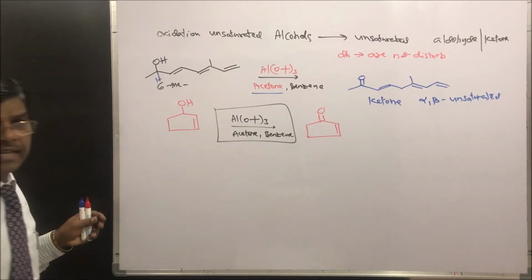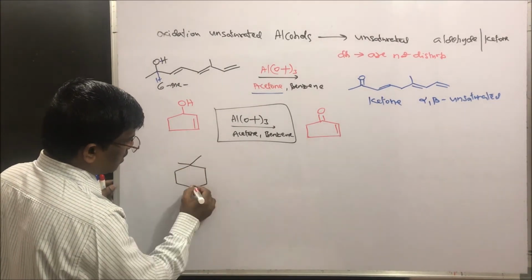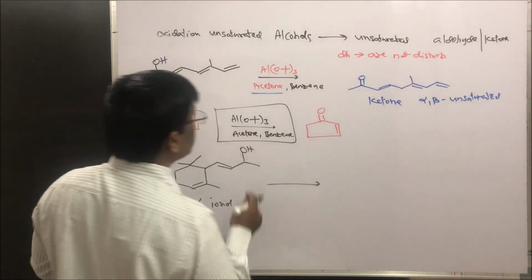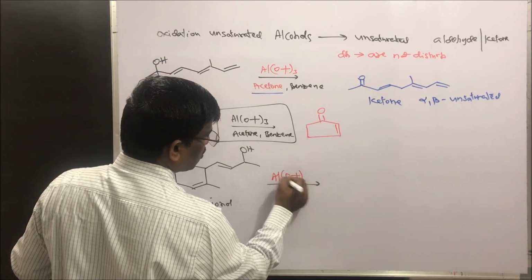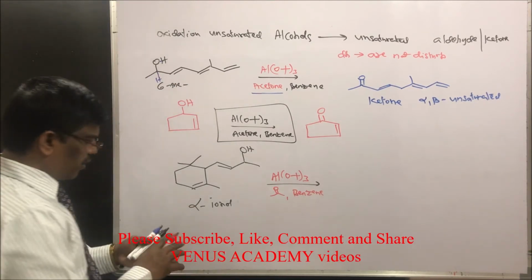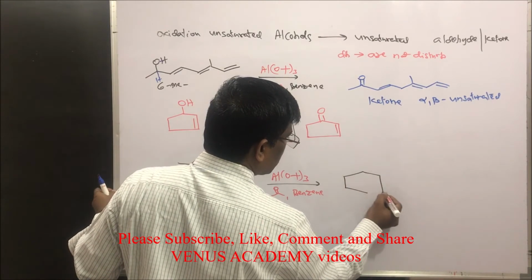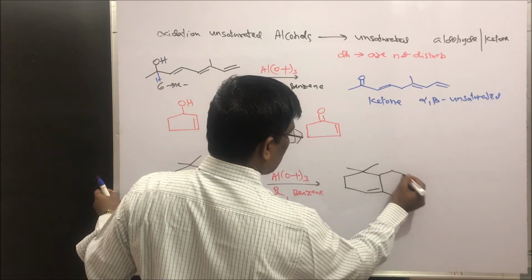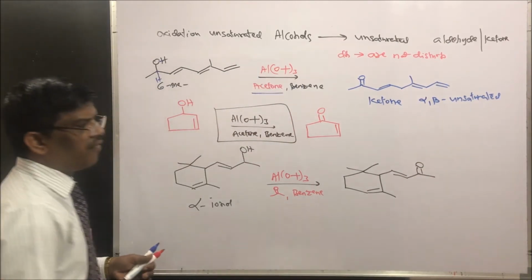Yes. Let us take one important starting material, alpha ionol, for carotenoid synthesis, friends. Alpha ionol in presence of Oppenauer oxidizing agent, let us take aluminium tertiary butoxide in acetone and benzene. I am going to get straight away alpha ionone, which is the starting material for the synthesis of carotenoids, without rearrangement of any double bonds or oxidation of double bonds.